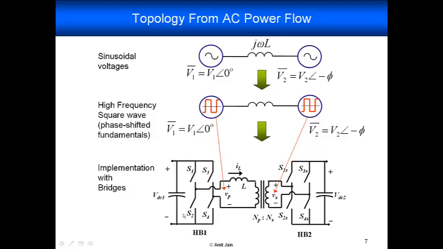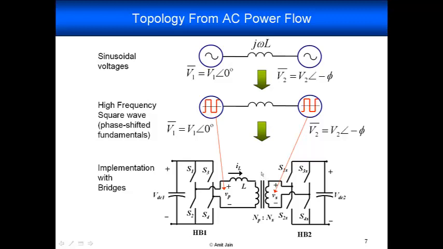So the DC source followed by an H bridge, and you can use the H bridge to generate high frequency square waves at the bridge output. We do that both at the primary and the secondary side, and the impedance here is replaced by the impedance L here and a transformer.